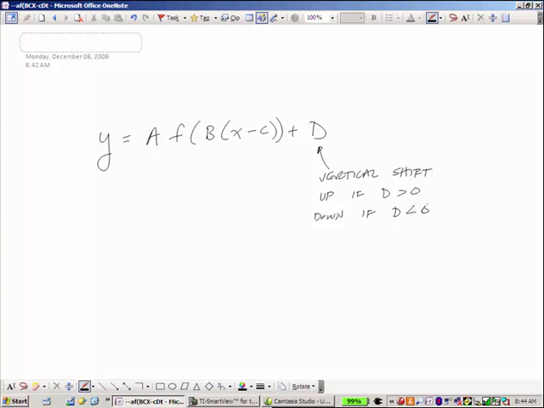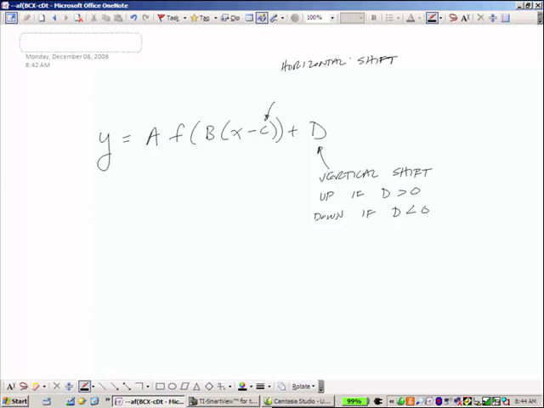Rafi, call on someone to pick another letter, preferably someone that wants to. C. All right, C. What's C going to do? All right, C is a horizontal shift. And I did something very interesting there. I put x minus c in the parentheses.